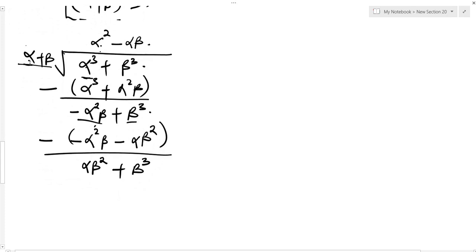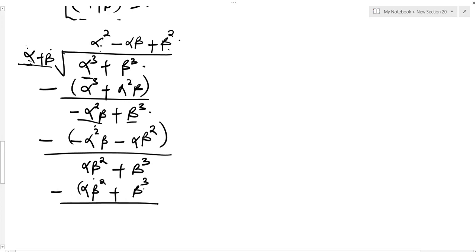Now using alpha, this first term, to divide this first term here, you will now have plus beta square. So using this plus beta square to multiply this one and this one, this alpha plus beta, you will now have alpha beta square plus beta cube all over.